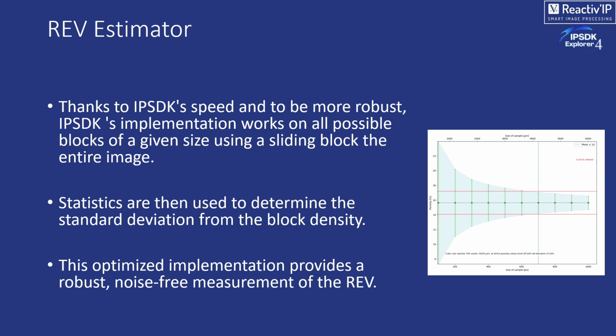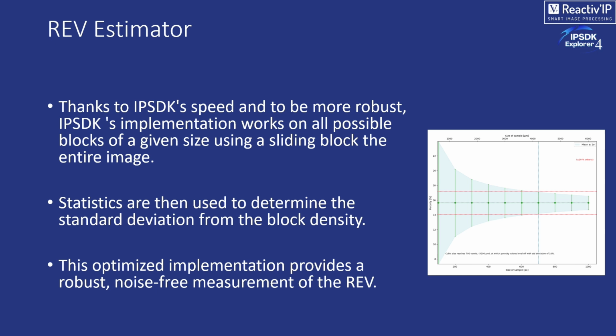With IPSDK, as I told you, it's fast. So now, instead of making some random picking, instead of just getting something that may not be completely homogeneous in terms of metrics, we use the sliding block on the entire image. It means that we compute all the possible blocks through the dataset, extract a metric, increase the block size, extract a metric, and so on.